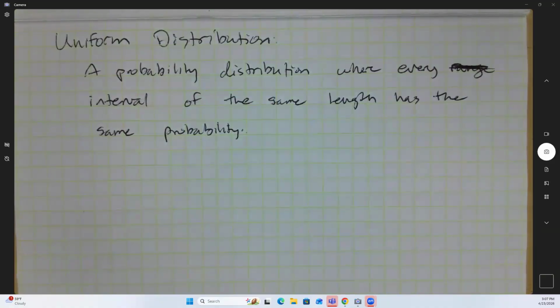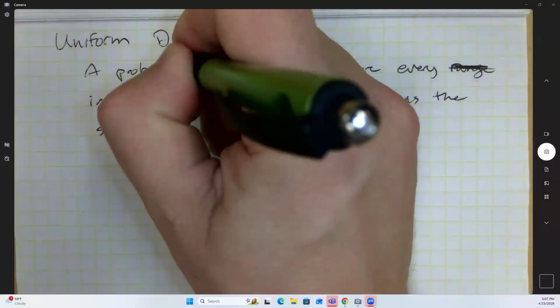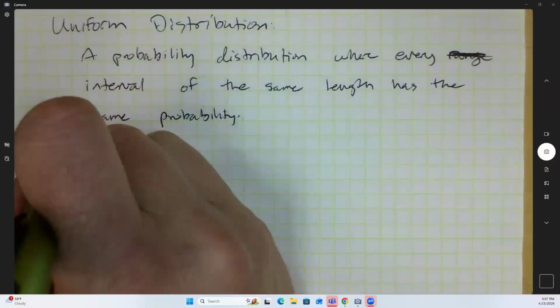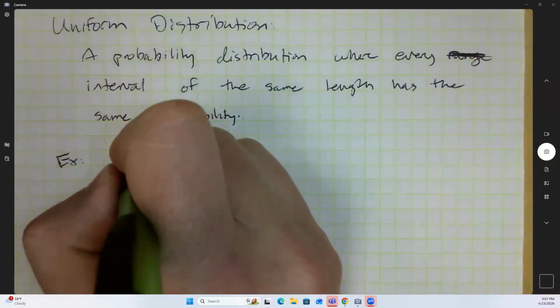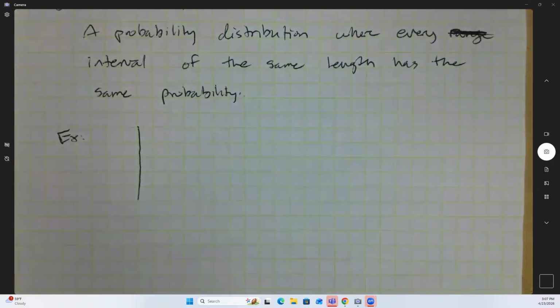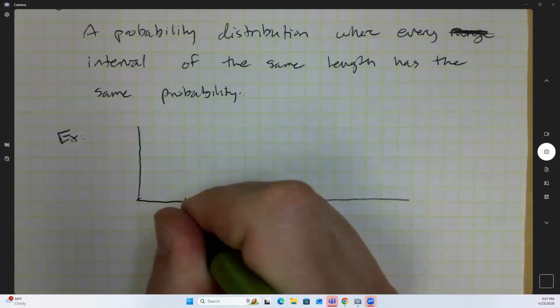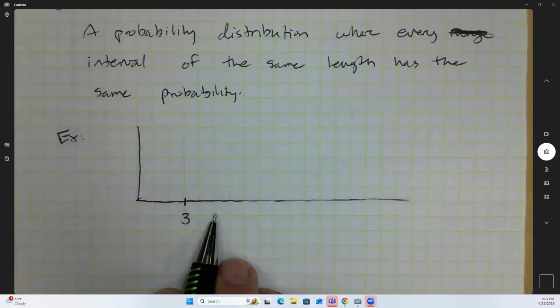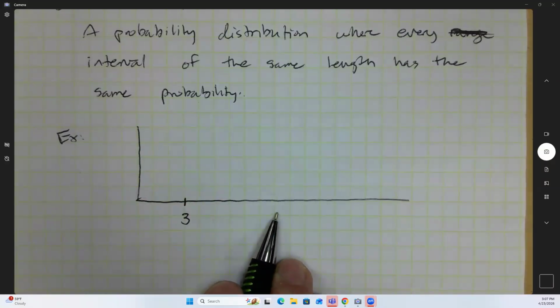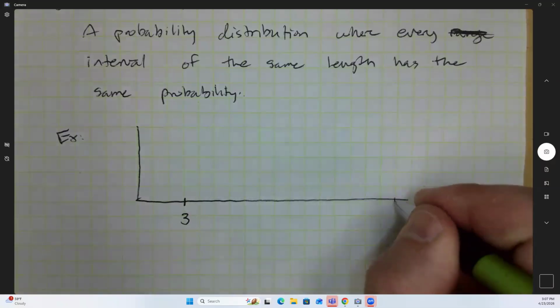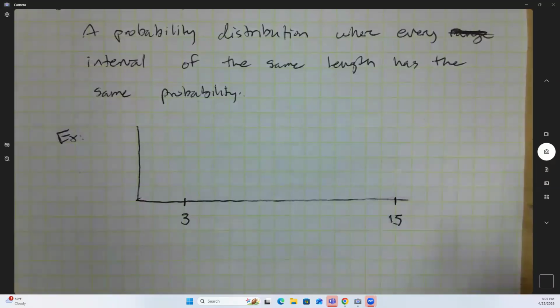With that definition, we can actually draw what a uniform distribution looks like. Let's do an example. Let's start at 3 this time, and let's go up to 15.